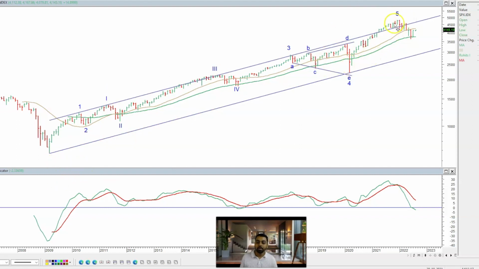Now, it can be debatable whether this recent rise from the COVID low of 2020 is just one of 5 or the end of the 5 wave. This is an ongoing debate which we will probably know once the short to medium term structure unfolds in the coming weeks and months.